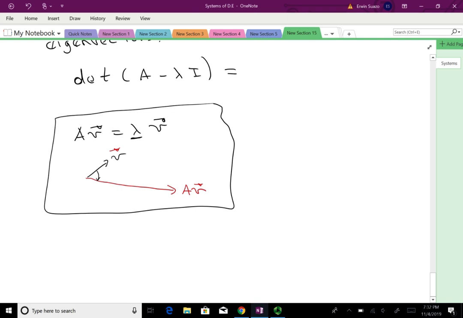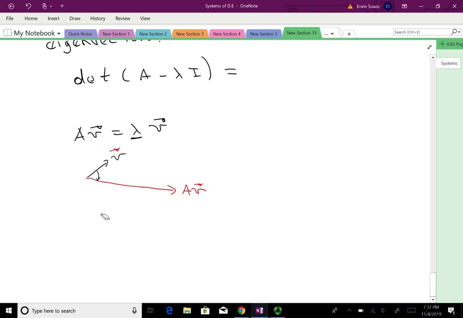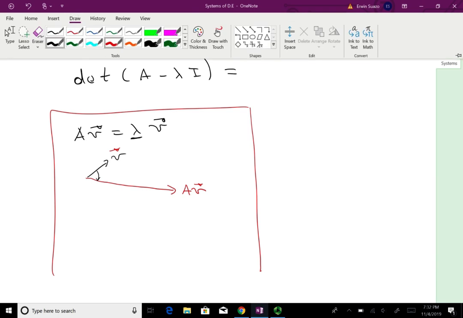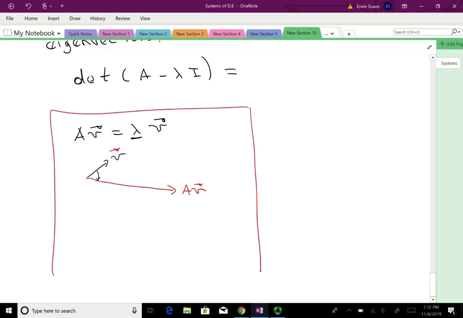So what is this saying? Stop the video and think. What is this telling me?